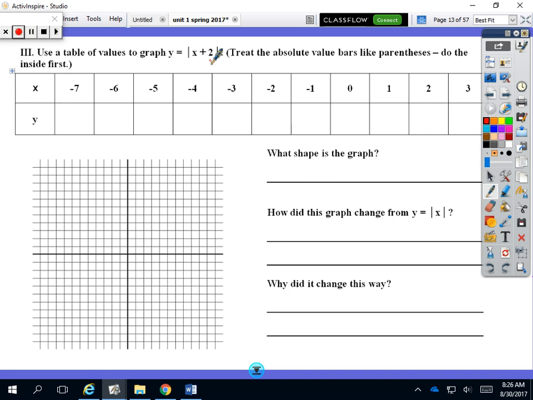So you'll press y equals, and then remember it's math, num, number 1, to put in the absolute value function into the y equals menu. Once you do that, press x plus 2 inside the brackets, and then go to your table.